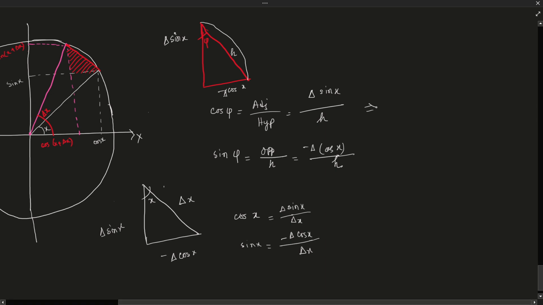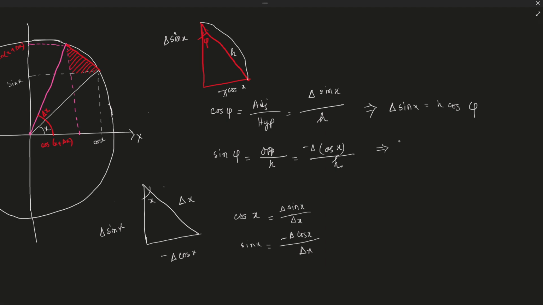Let me write this more neatly. This was our del sin x equal to h cos phi, and minus del cos x equal to h sin phi.